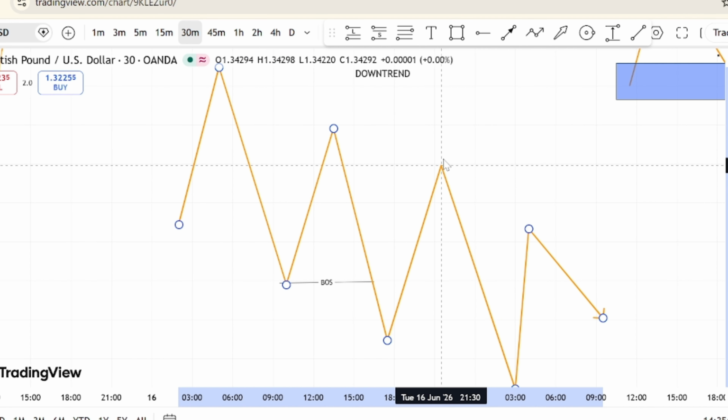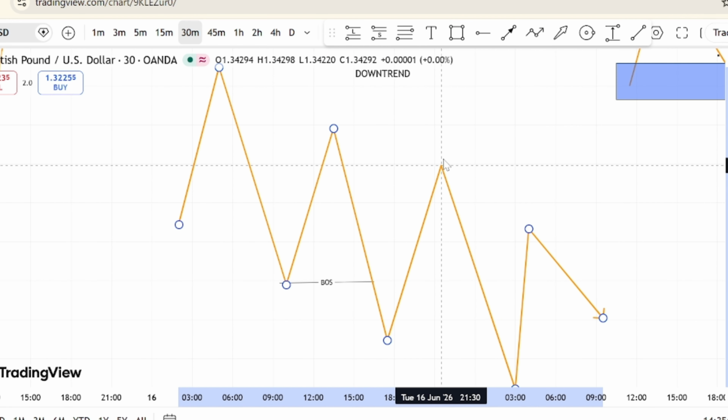We'll first change this color to an orange. So you can see this was an uptrend, but it broke structure. It changed character. I also want to teach you about the change of character in my next video, but for now, let's first concentrate on a break of structure and simple market structure.